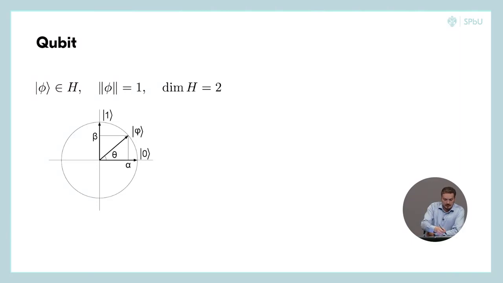Here we have this vertical vector, which we will call 1, and the horizontal vector, which we call 0, and the columns for this will be (0, 1) and (1, 0). These vectors are, of course, orthogonal. They are unitary, so they form the orthonormal basis in our space.